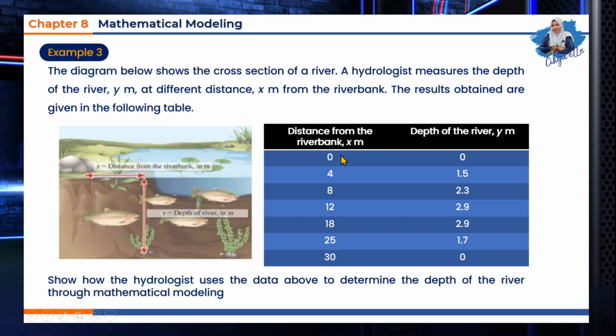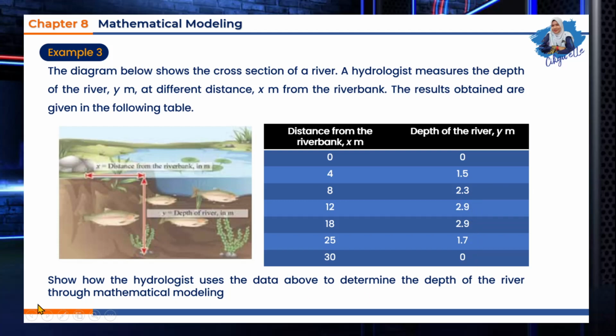Based on the measurement, if the distance from the river bank is 0, then the depth of the river, y meter, is 0. If x equals 4, the depth of the river is 1.5 meter. If the distance from the river bank is 8 meter, the depth of the river is 2.3 meter, and so on.